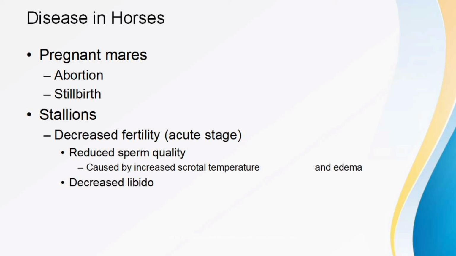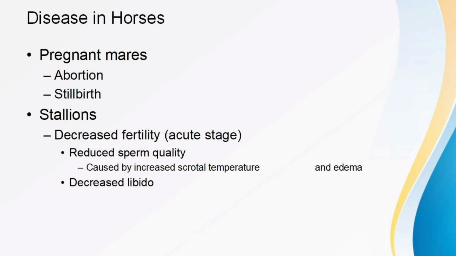The decrease in sperm quality has been attributed to the increased scrotal temperature and edema, and can persist for up to 4 months. The quality of the semen is not decreased in carrier stallions, except in cases of severe disease in foals.